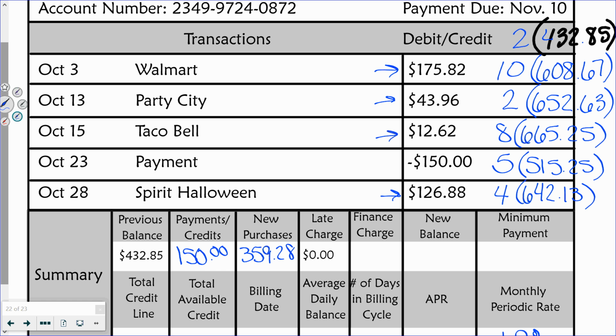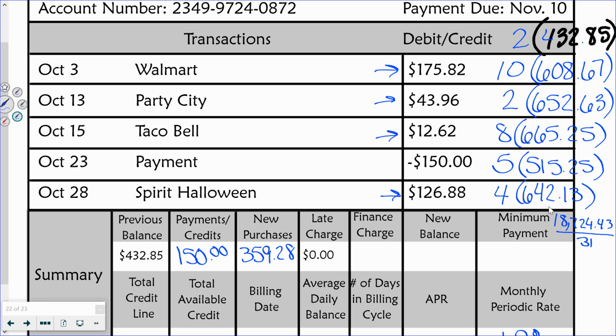Wait, so we just talked to the average daily balance, right? Yep, we're doing the average daily balance right now. All right. So double check me, guys. I have 18,724.43 divided by 31.